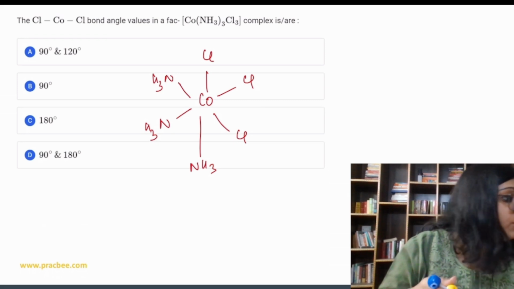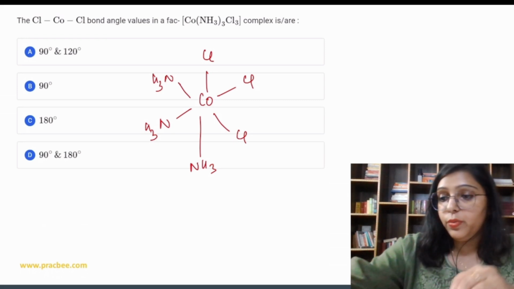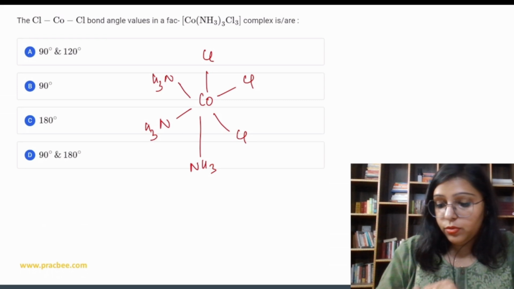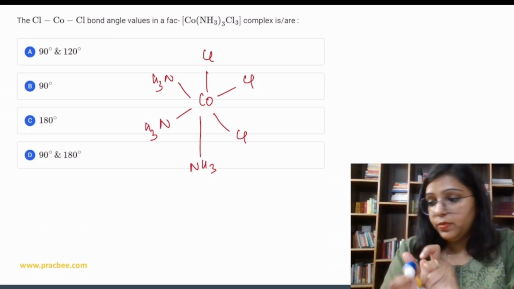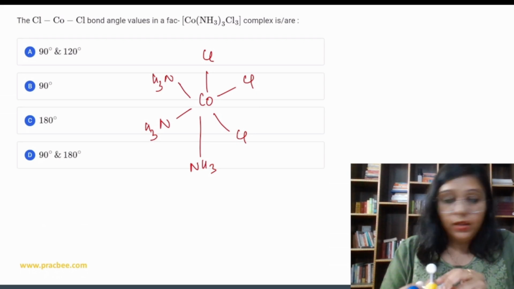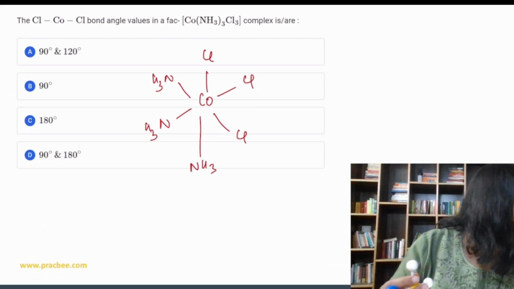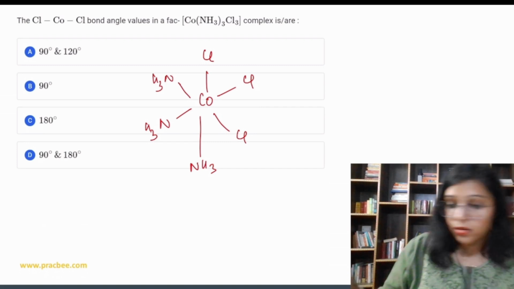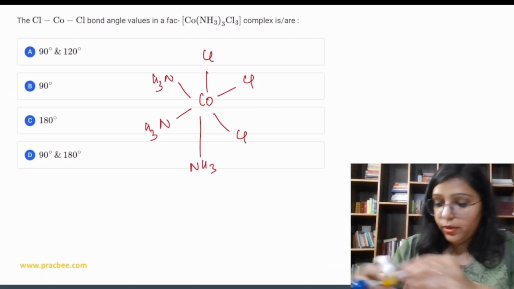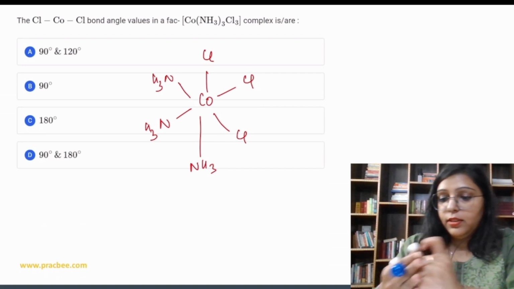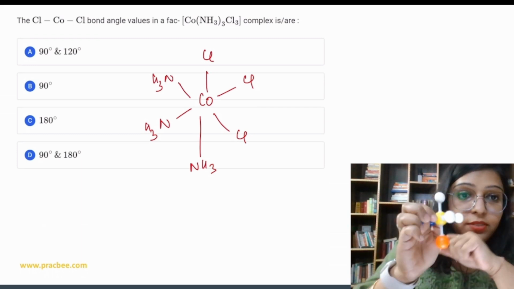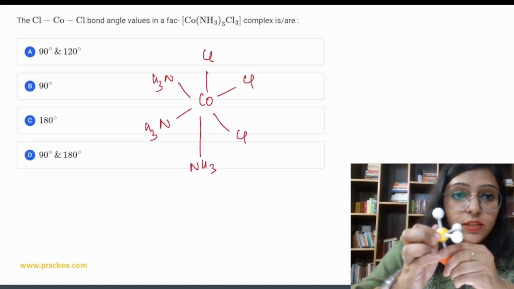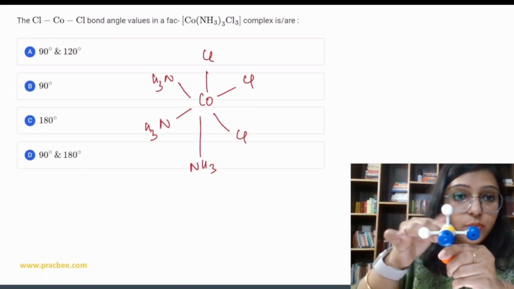Let me show you the octahedral geometry over here. So we are going to form this one. Okay, now I need one more atom. Just see this thing only. This one, right? So that is fac. This is octahedral geometry.